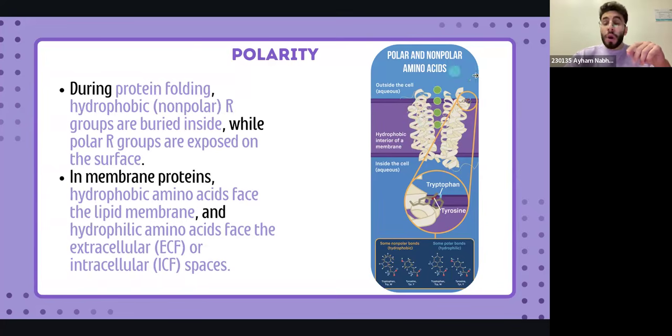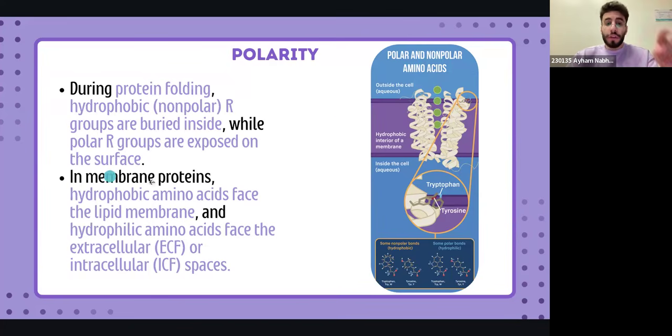Whereas the amino acids that are making the protein and are hydrophilic or polar are going to be facing the extracellular and intracellular fluids, or the external surface of the plasma membrane.